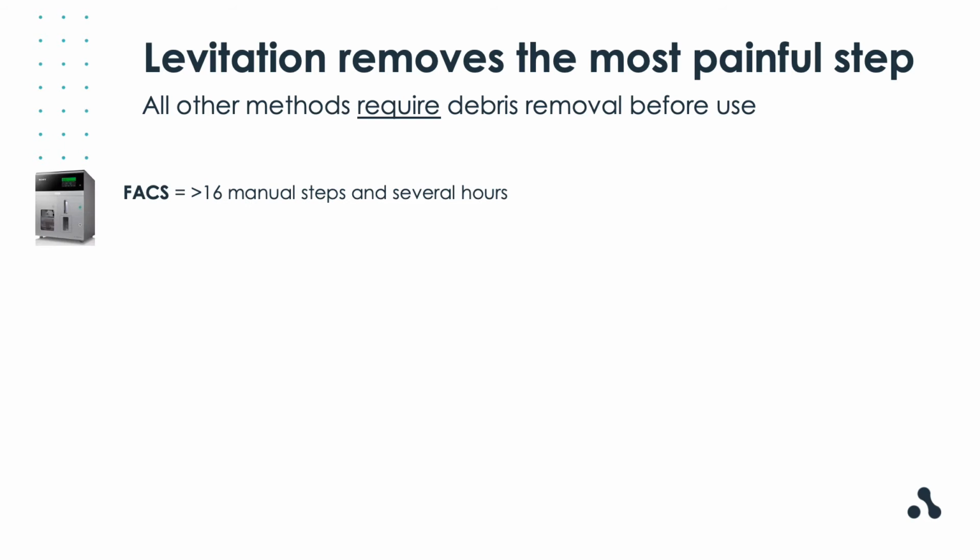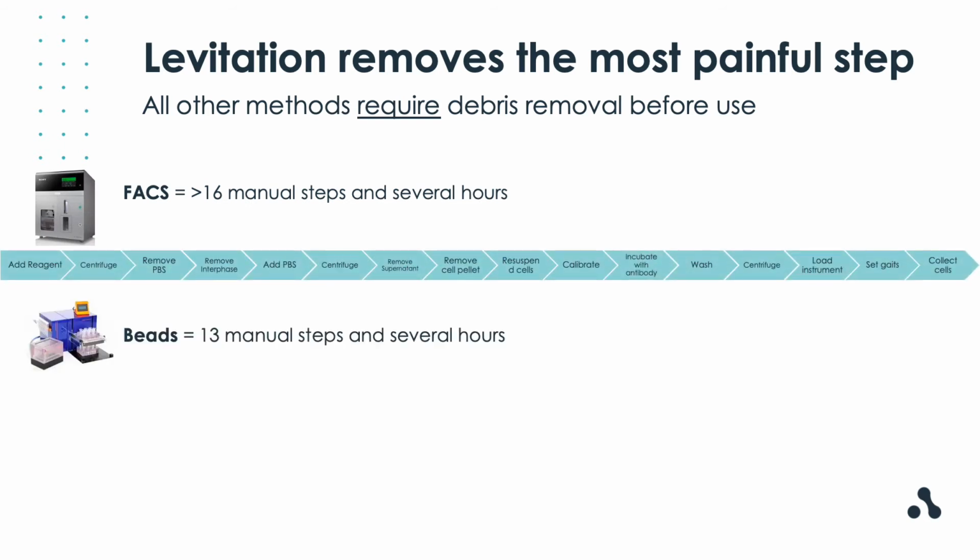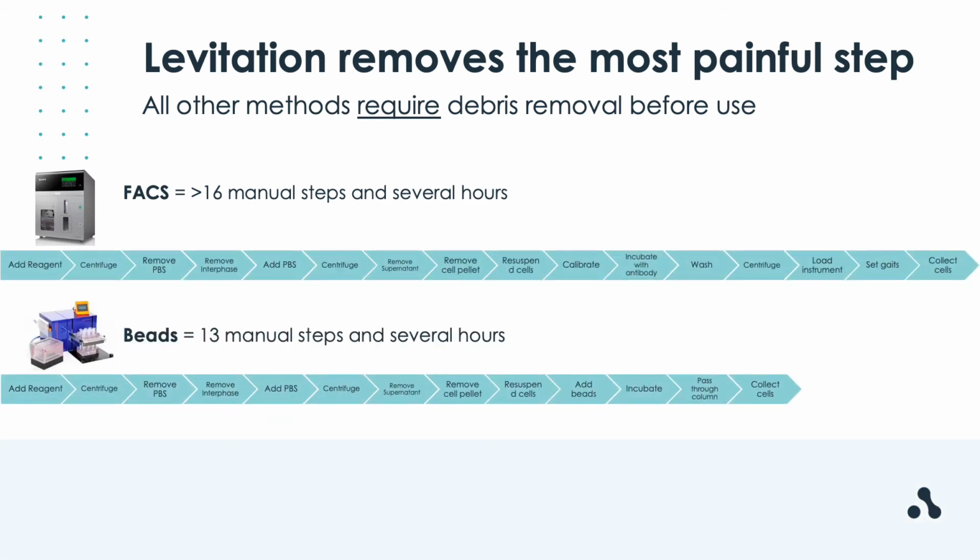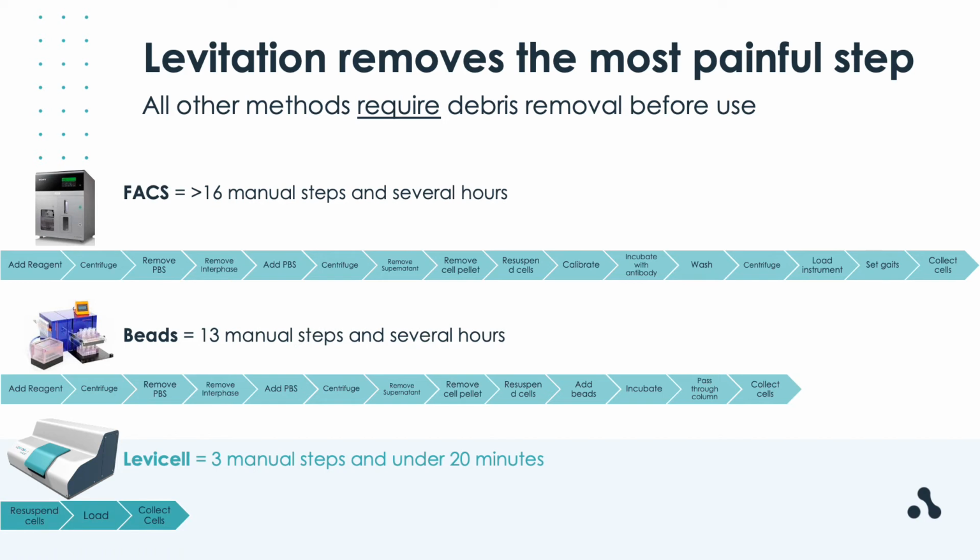Unlike all other methods on the market today, whether it's FACS, beads, or even centrifuge, we do not have to remove any debris before processing. What this really means is when you look at the true workflow for either of the other platforms listed here, the majority of the workflow is upfront.